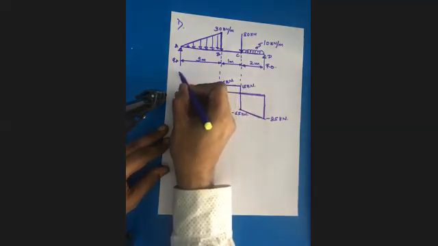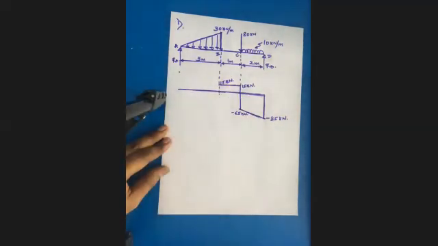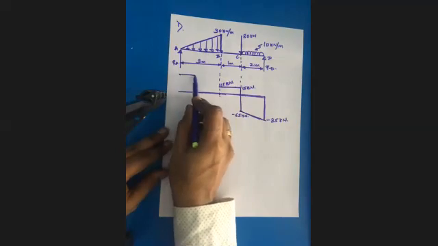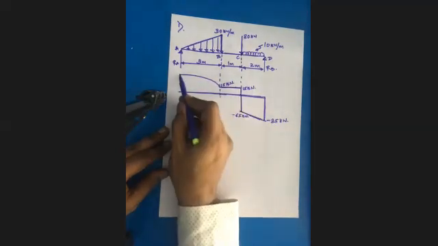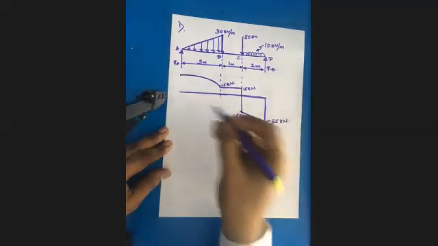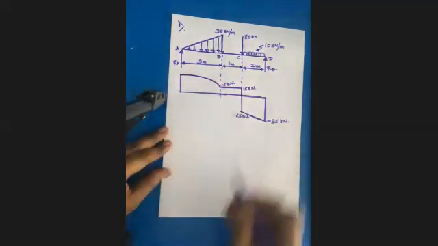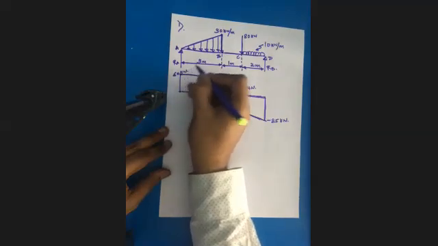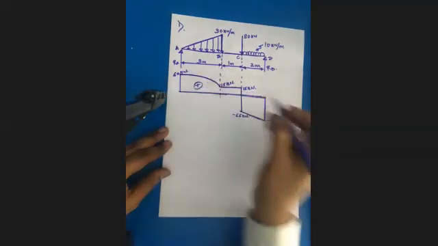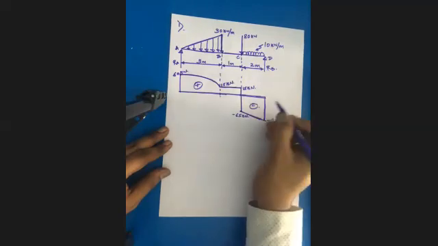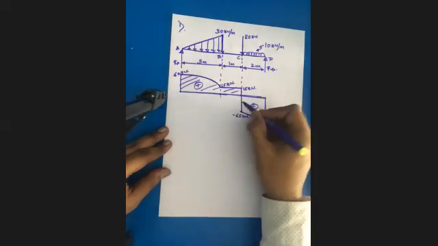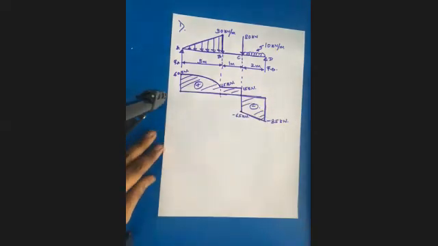The variation will be parabolic, like this. This is positive. This is negative. And I'm just shading the diagram here. So hence the SFD diagram.